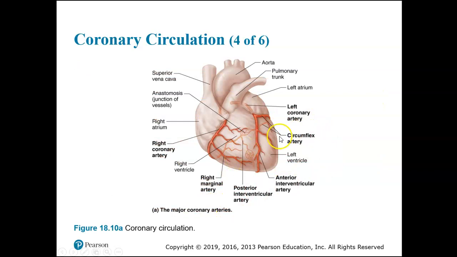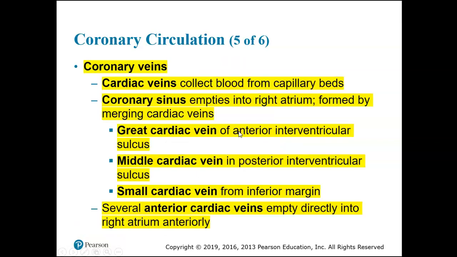So looking at the major arteries, we have the left coronary artery branches into the circumflex artery and the anterior interventricular artery. Then we have the right coronary artery that has branches called the right marginal artery and the posterior interventricular artery. See how that branch runs along the back, the posterior side.